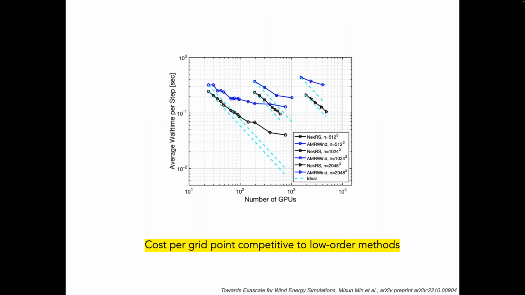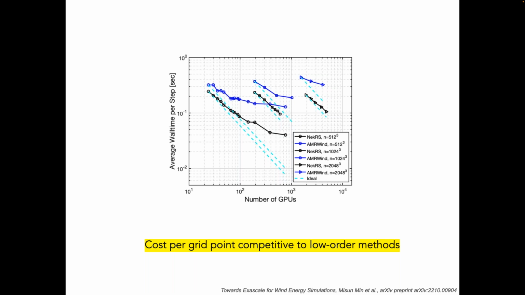Being accurate is one thing, but how expensive is it? I also claim that you can implement this high order operator really efficiently, and here's a demonstration. Here we compare, in a simulation campaign we ran on Summit, our code nekRS versus another co-design center code called AMR-Wind, which uses a second order finite volume code.